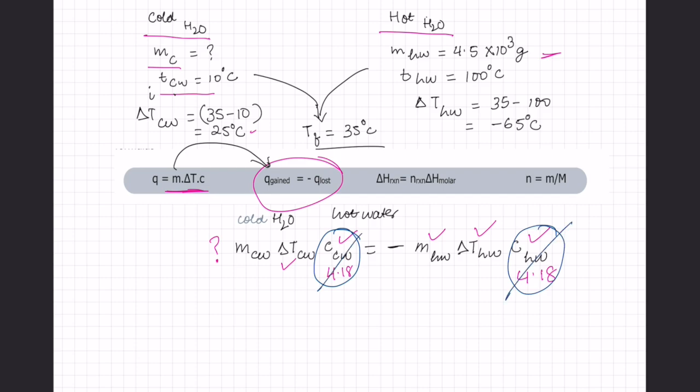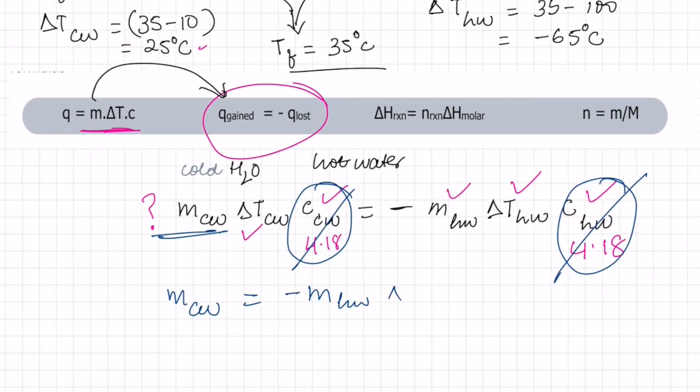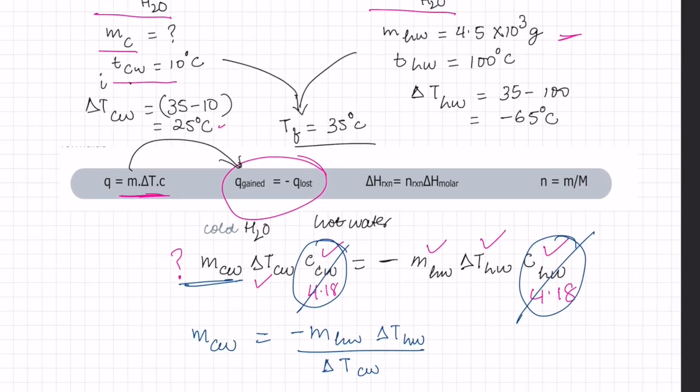So let's rewrite this equation to isolate the mass of cold water. I get mass of hot water times change in temperature for hot water divided by the change in temperature for cold water. I have all of these values up here.